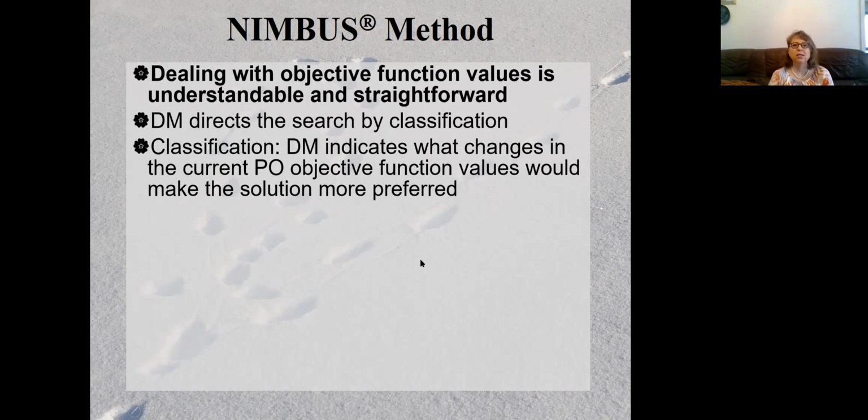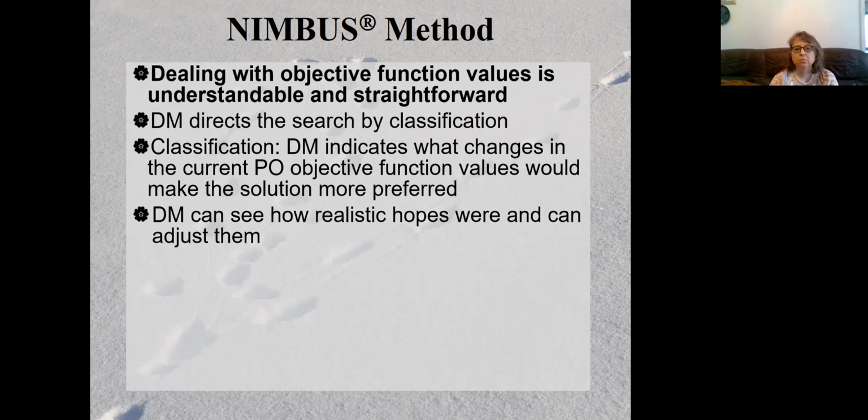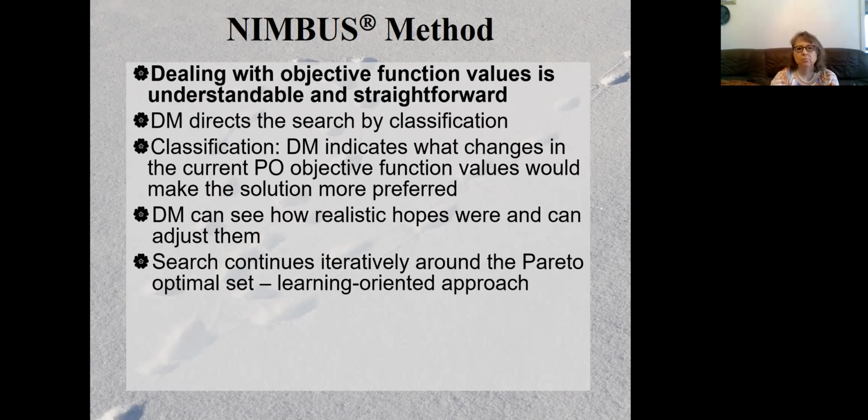So one sees the current Pareto optimal solution and indicates what kind of changes in the function values would make the solution more preferred. And this reminds the decision maker constantly about the trade-offs, because one can only get improvement in some objective functions by allowing some relaxations, that is, sacrifices in some others. And in this way, the decision maker learns more about how achievable one's desires are.